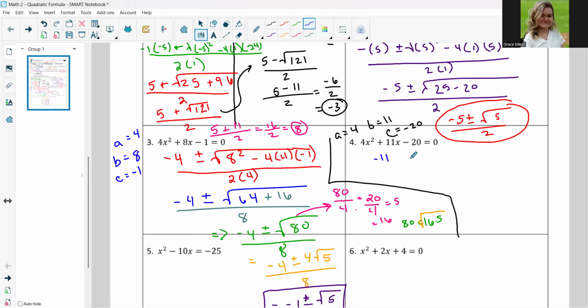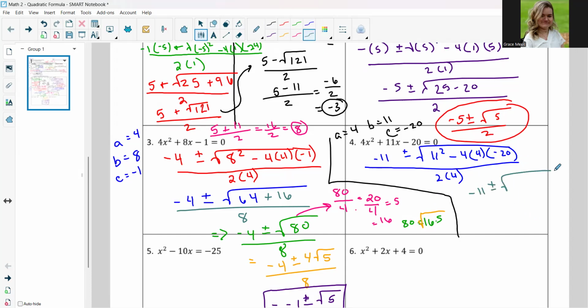I would have negative 11 plus or minus the square root of 11 squared minus 4 times negative 20, divided by 2 times 4. I would have negative 11 plus or minus 121. And then again, this should end up being a plus because it's a negative times a negative.